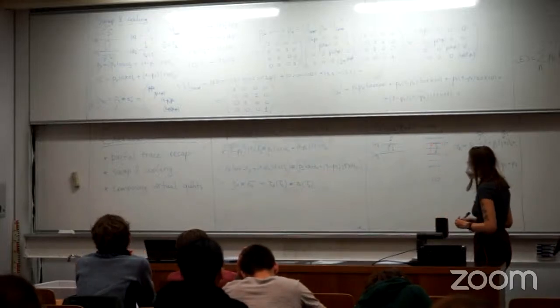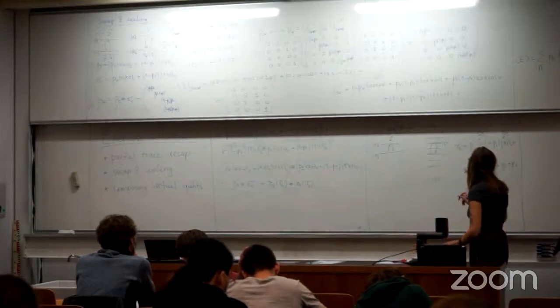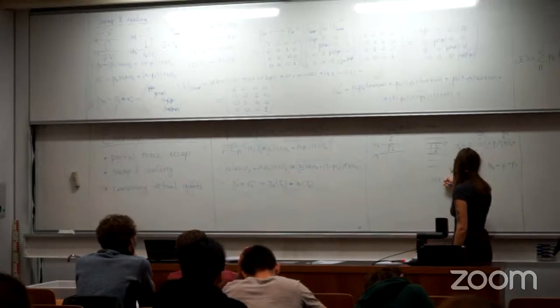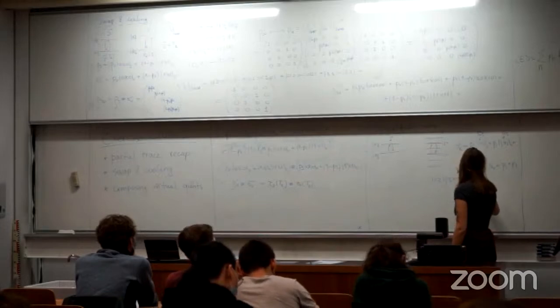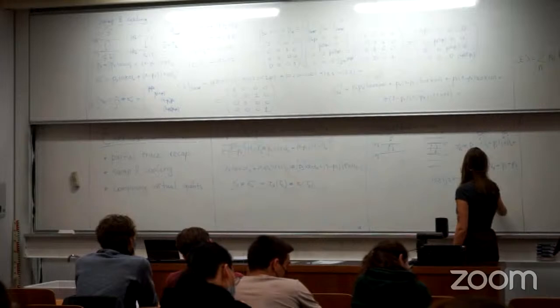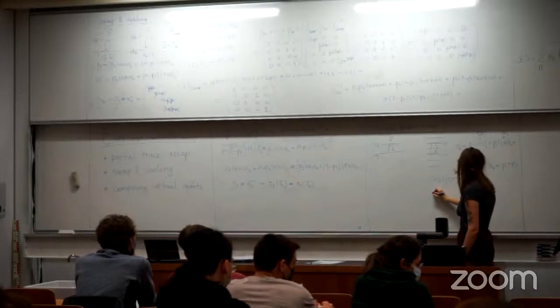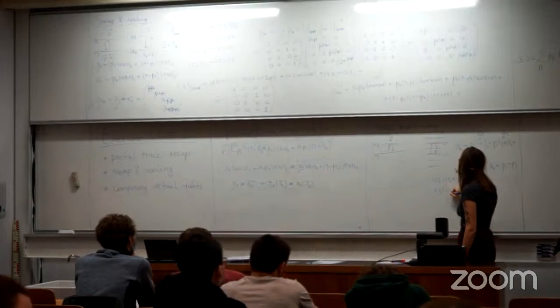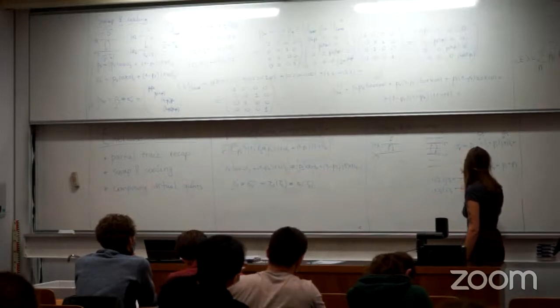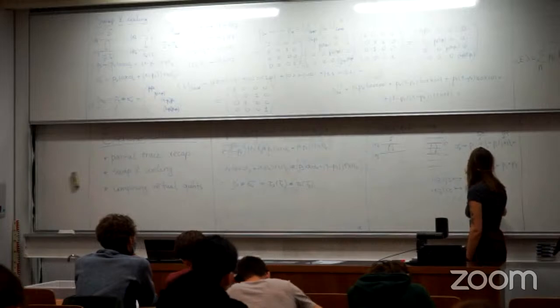So this transformation can be written as 0 S J V maps to 1 S I V, and 1 S I V maps to 0 S J V.